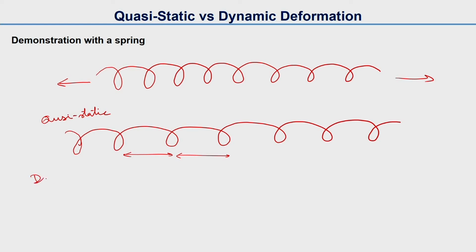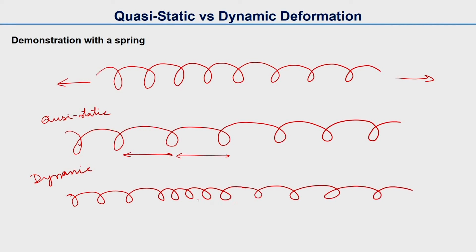But in the dynamic case, we will try to generate a wave, and we will get compression and rarefaction.